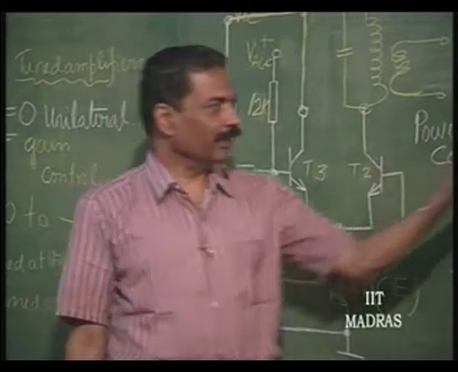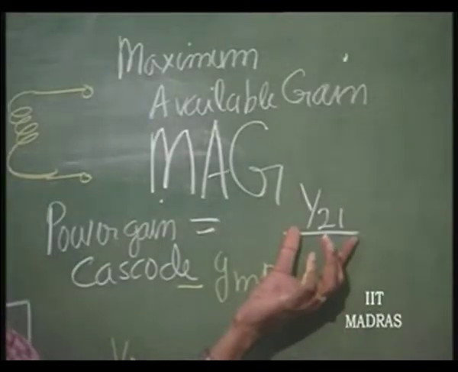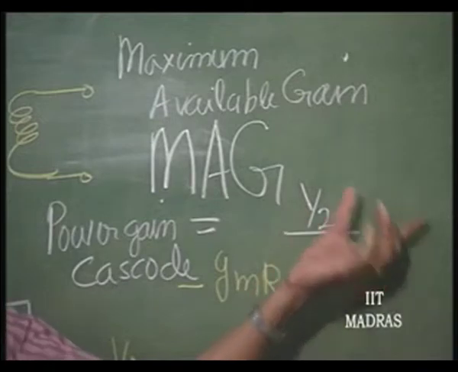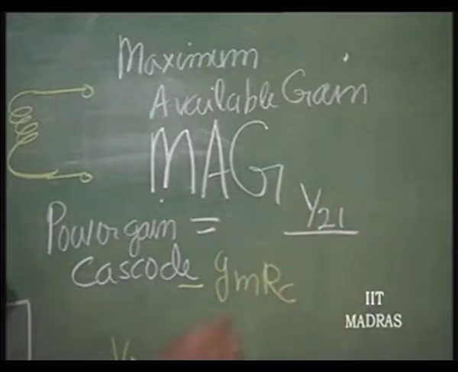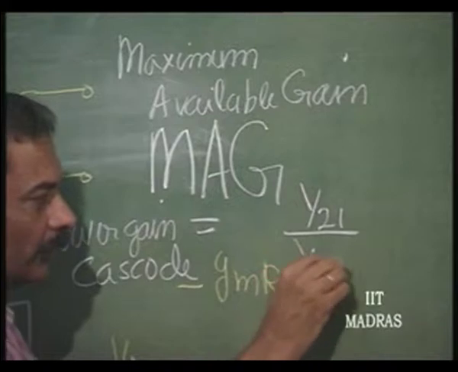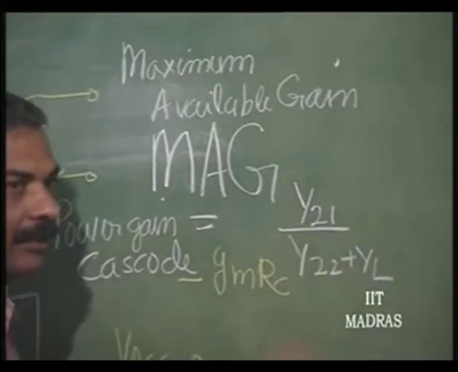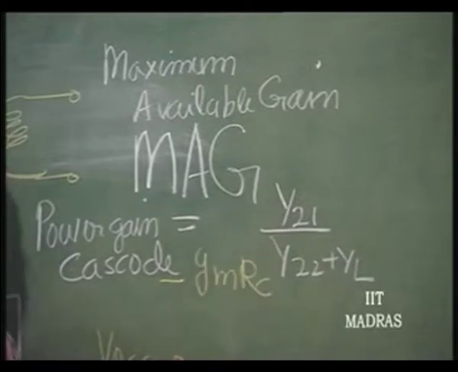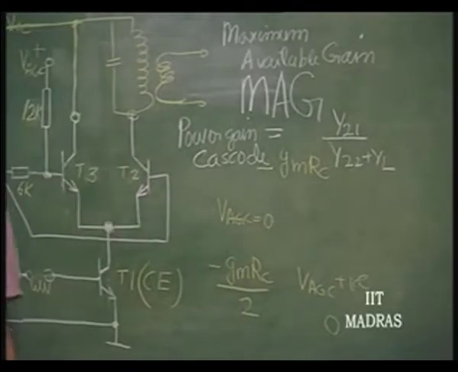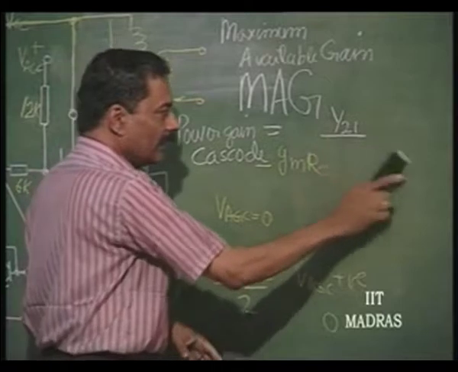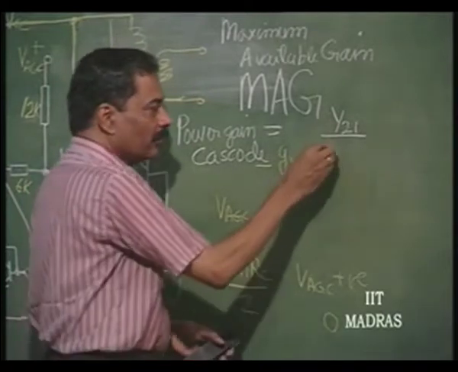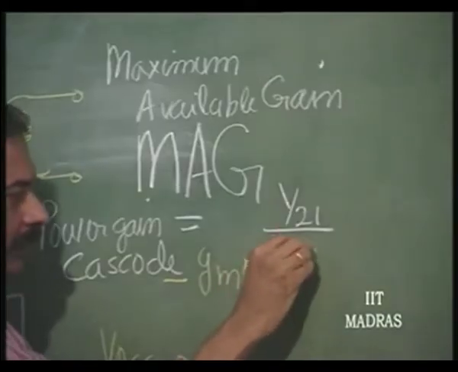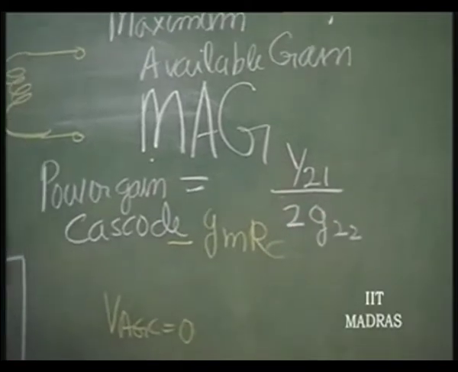Y21 replaces the GM in the case of y parameters. RC is nothing but 1 over y22 plus YL, and in our case that is the voltage gain. In our case y22 plus YL is really equal to 2G22.